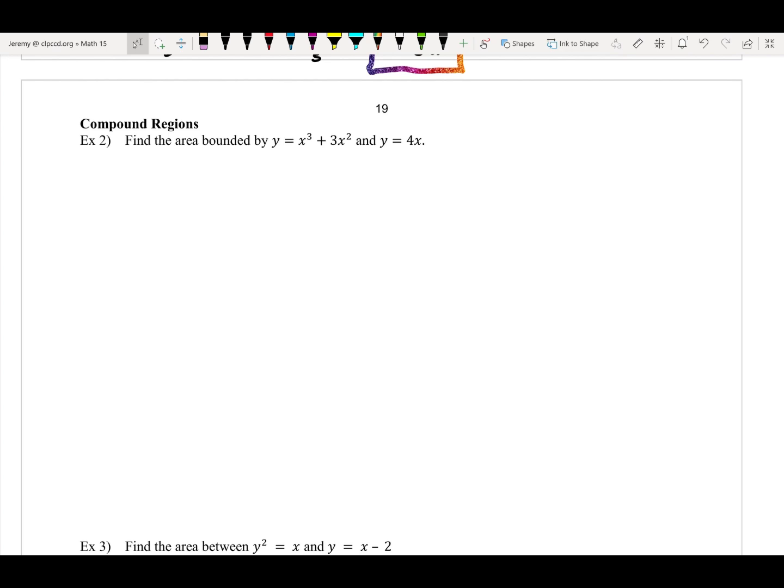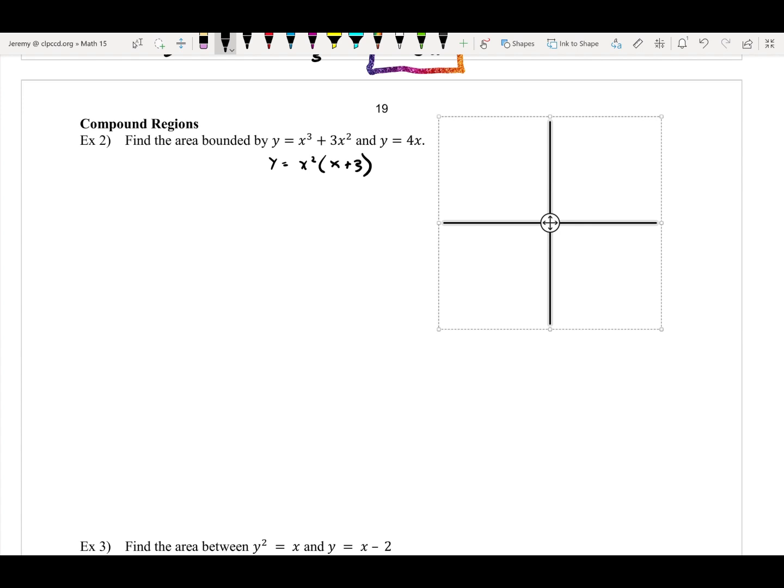All right, it would be a good idea to graph this, and I think we could do this without too much trouble, because in this equation I could factor out x squared, and I'll just be left with x plus 3. And that's helpful because that gives me a couple of zeros. Do a little graph here.